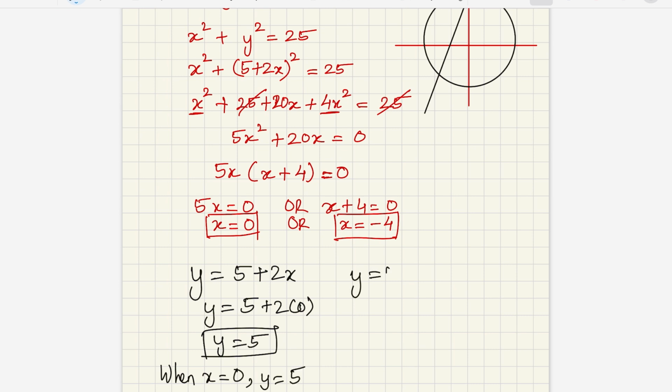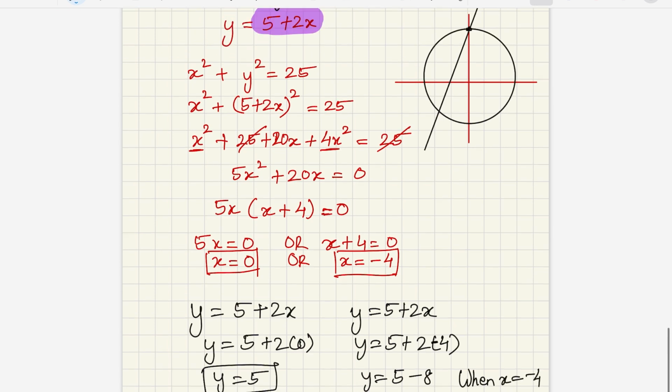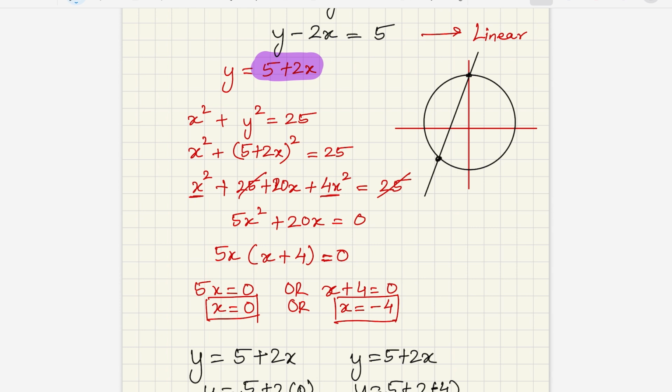Similarly, y equals 5 plus 2 times minus 4, which is 5 minus 8, y will be equal to negative 3. So when my x value is negative 4, my y value is negative 3. And you can see these 2 points will be nothing but negative 4 comma negative 3 and 0 comma 5.